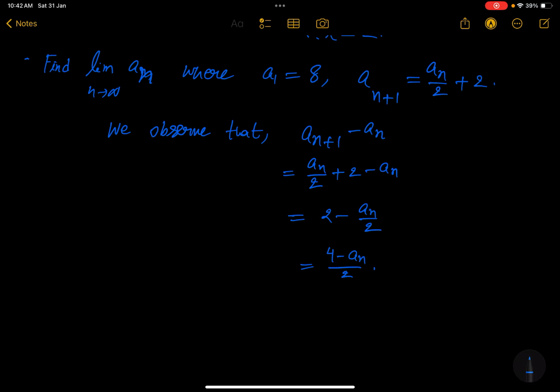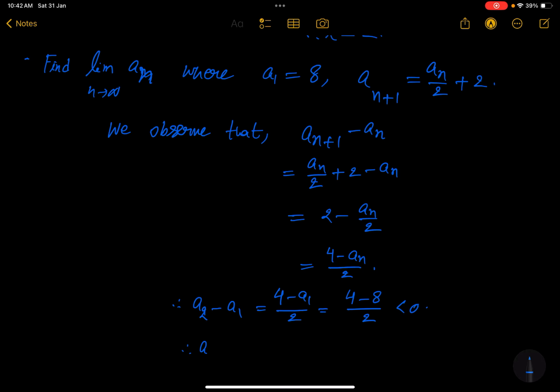So observe that, put n equal to 1: a2 minus a1 will be (4 minus a1) by 2, which is (4 minus 8) by 2, which is negative, right? It is less than a1.